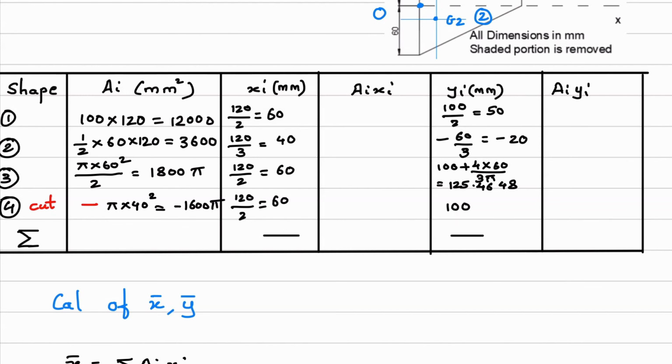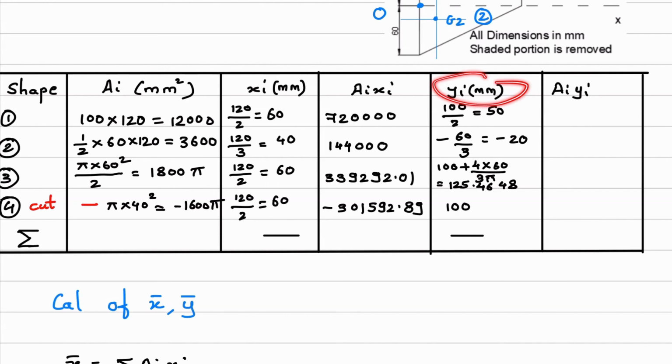Now we can calculate AI into XI. How to calculate AI into XI? Multiply AI column with XI column. So I'll write down the values. How to calculate AI into YI? Multiply area column with YI column. Now after calculating this, you have to take summation of AI.